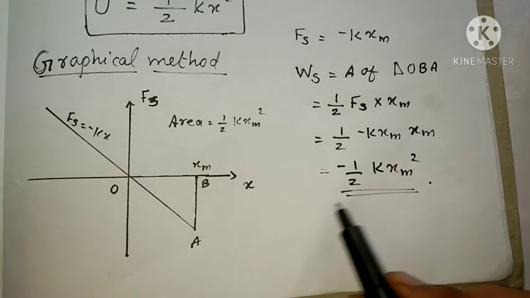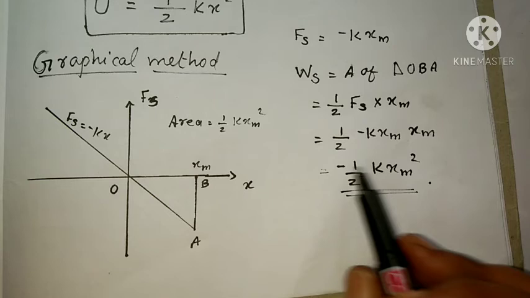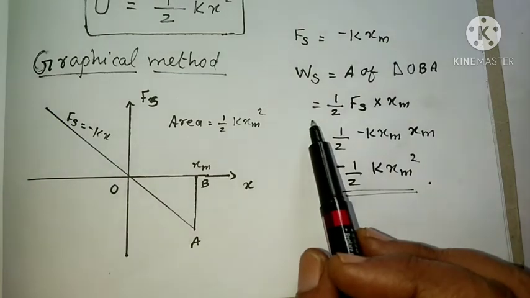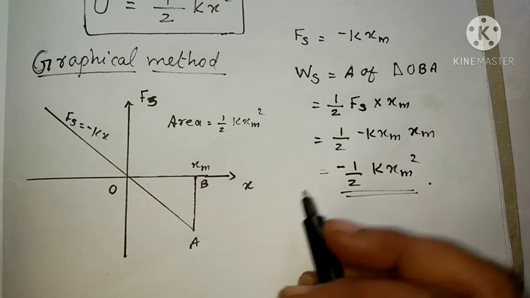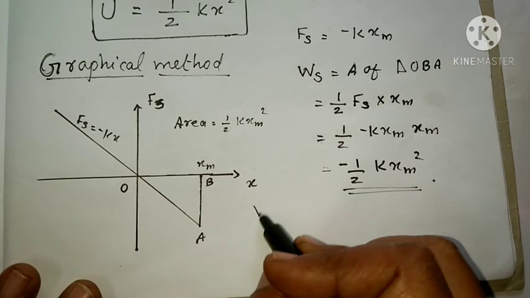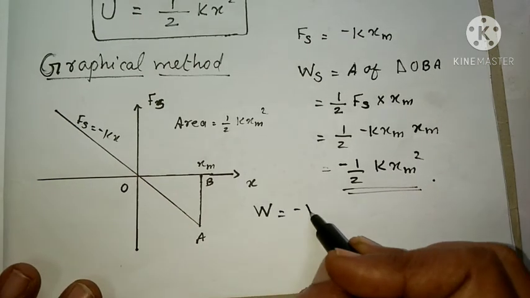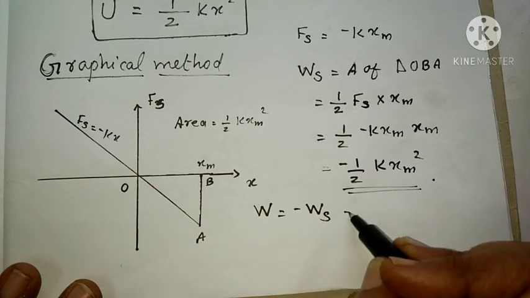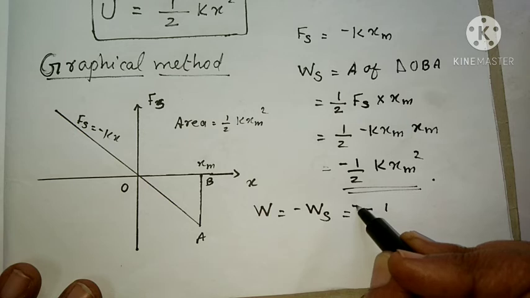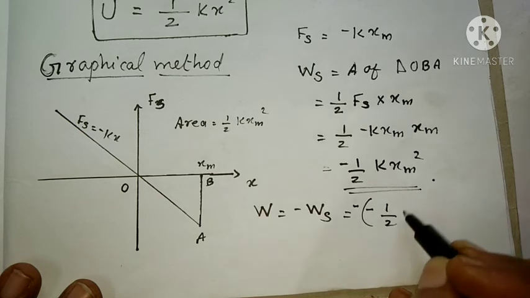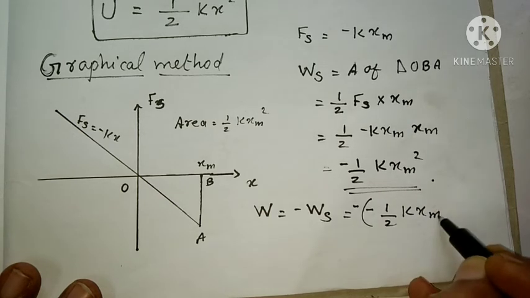Then in the first case, the work done by the spring force is equal and opposite to the work done by the applied force. So we can write work done by the applied force W equal to minus Ws, that is equal to minus of minus half k xm square.